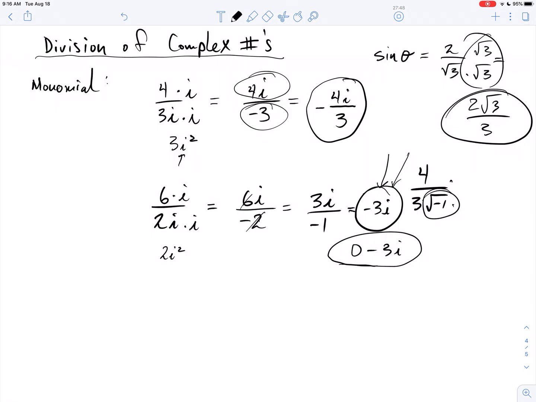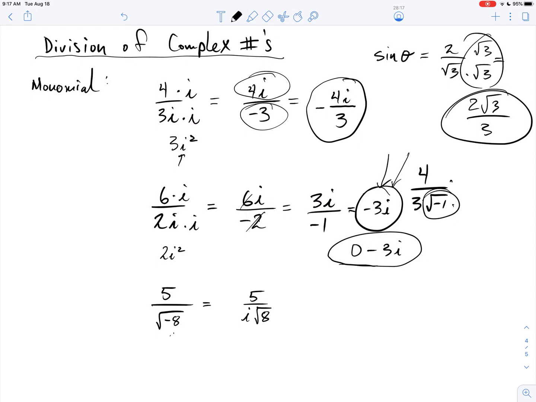Okay? Totally fine. Well, what if they gave me something like this one? Because they did. 5 over, and then they gave me something like rad -8. And I go, whoa, you can't have a rad -8 in the bottom. But I also know I am supposed to pull the i out first. Now, I could simplify rad 8 also. I'll show you what I'm going to do.